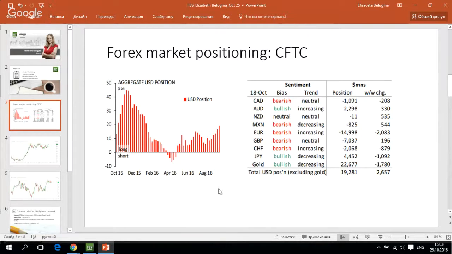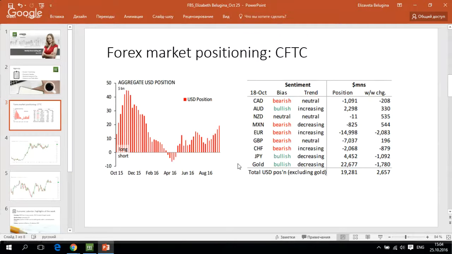What factors affect the currency market right now? Which factors are the most important? Probably the main things which are driving the US dollar up are the divergence in monetary policy and some global capital flows.